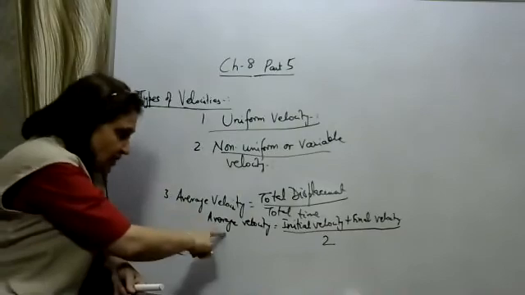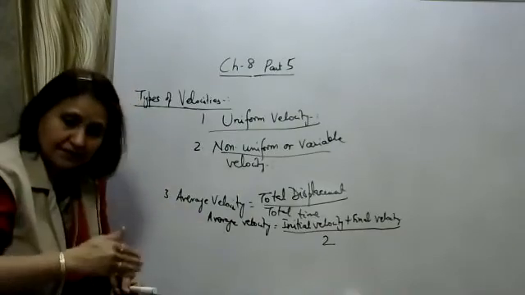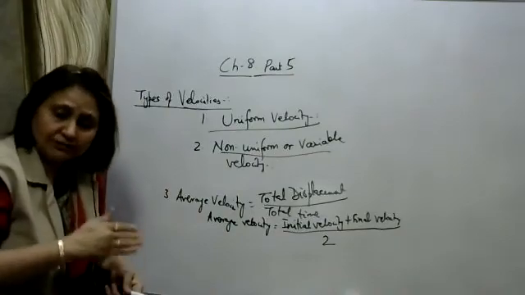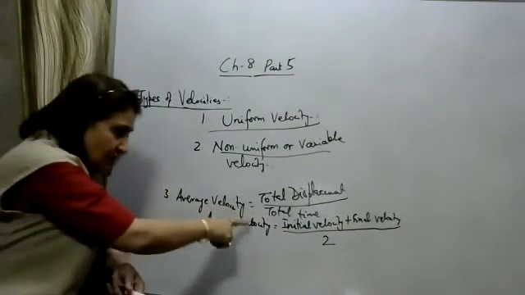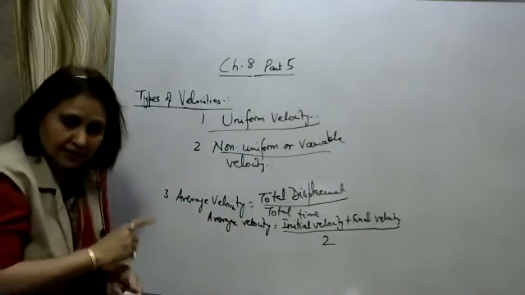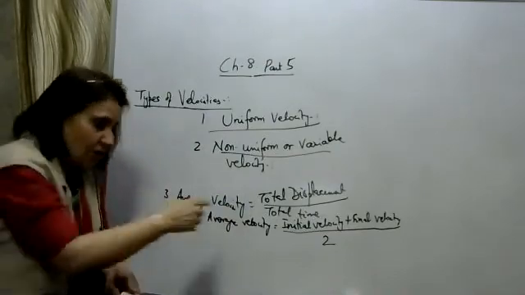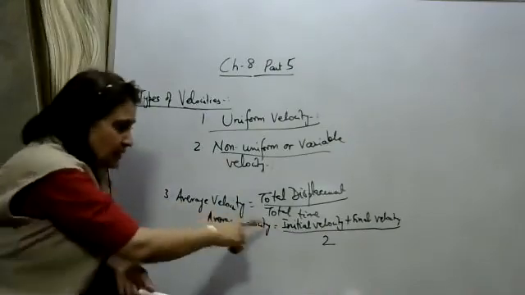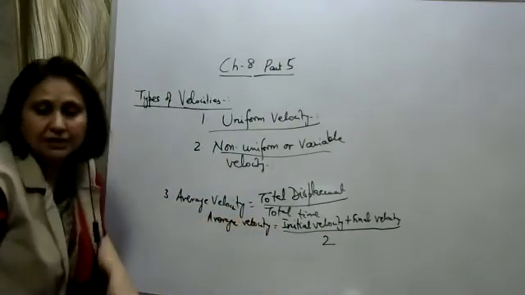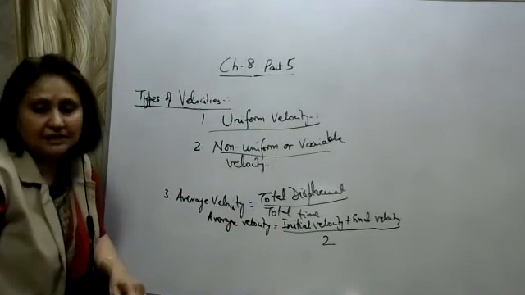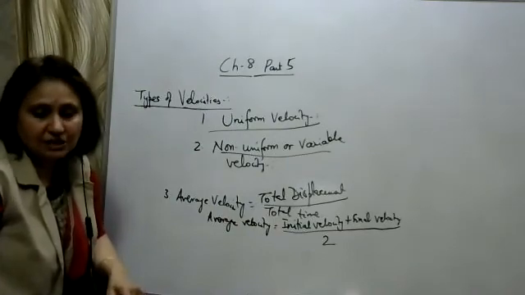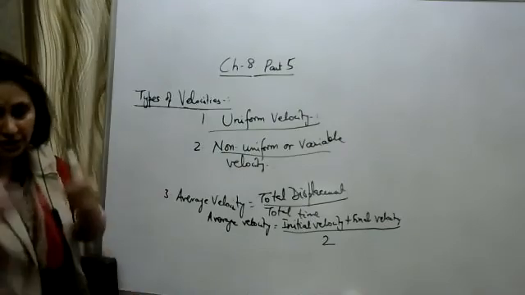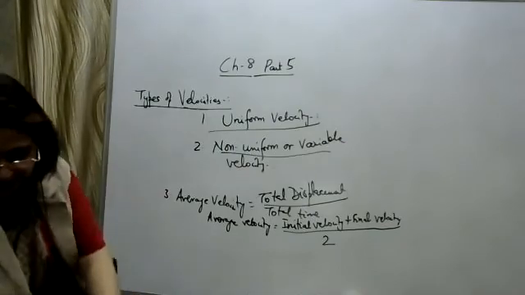It may be decreasing also. If the velocity is changing at a uniform rate, we find the average velocity by this formula, the arithmetic mean of initial and final velocity: initial plus final velocity upon 2.